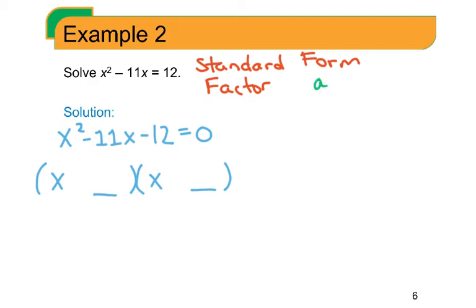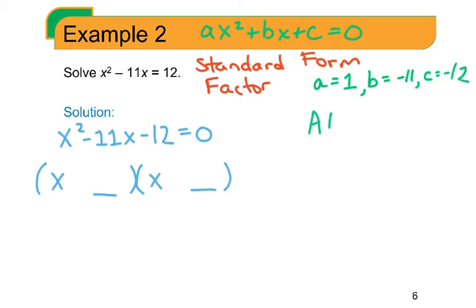So in this case, little a, remember, this is what we're looking at. Little a equals 1, little b is negative 11, and little c is negative 12. We need two numbers that multiply together and give us negative 12, and that add together to give us negative 11.